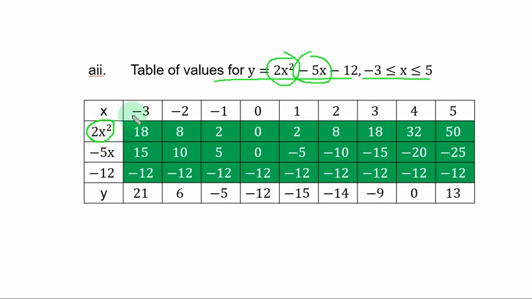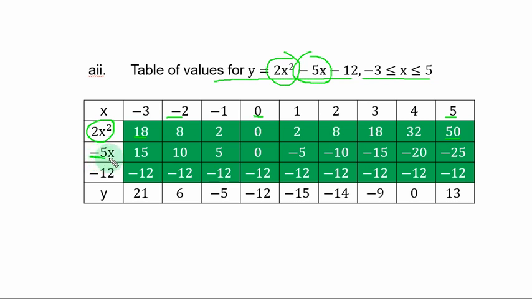When s is minus 3, s squared is 9, and 9 times 2 you have 18. When s is minus 2, 2 squared is 4, 4 times 2 is 8. When s is 0, 0 squared is 0 times 2 is 0, and when s is 5, 5 squared is 25 times 2 you have 50. You can try for others.